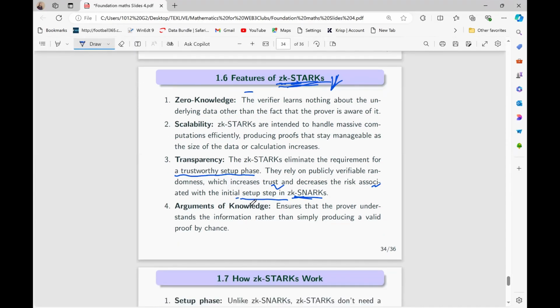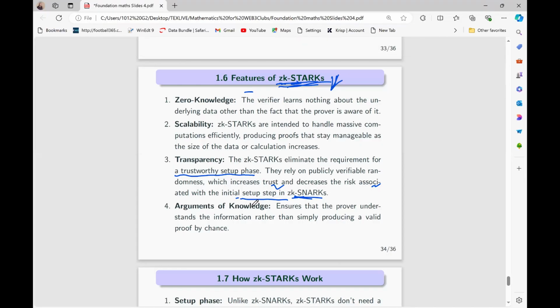Of course, we have the argument of knowledge, which will be the same as it was in the ZK snarks, to ensure that the prover understands the information rather than simply producing valid proofs by accident. So we want to be sure that this prover is not just giving us proofs which are valid by accident, just stumbling on the proofs and then giving us.